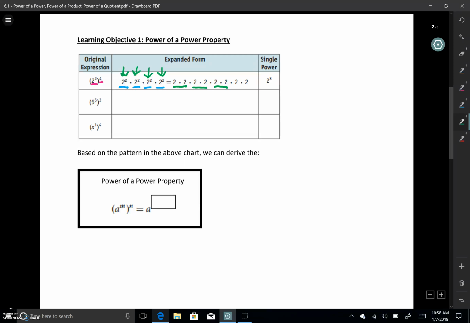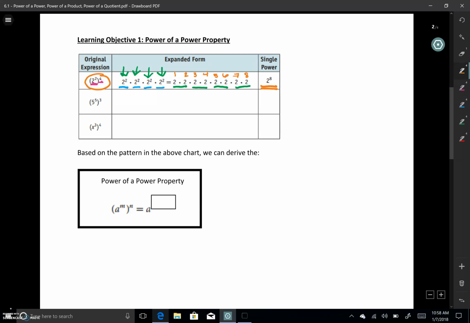And then finally a fourth 2 squared, so that's another 2 times 2 at the end. And if I were to count how many of these 2's I have here, I would see I have 1, 2, 3, 4, 5, 6, 7, 8, which means that I can write this original expression, 2 squared to the 4th, as 2 to the 8th power.